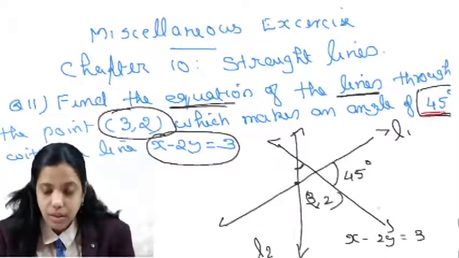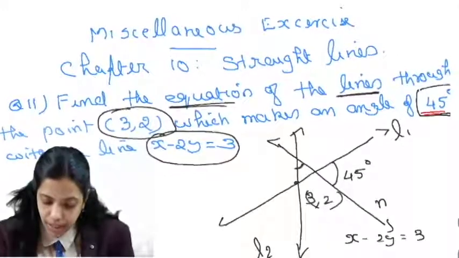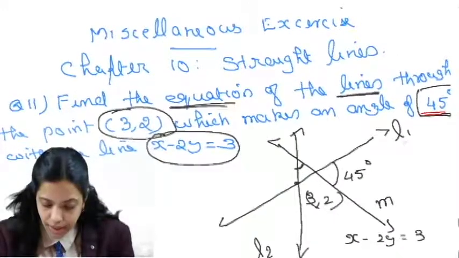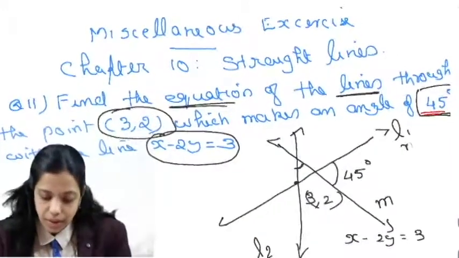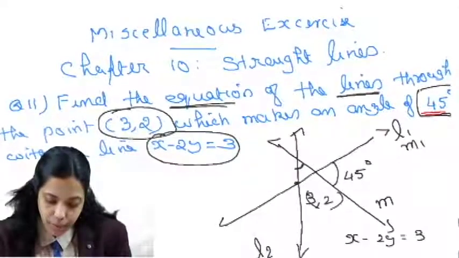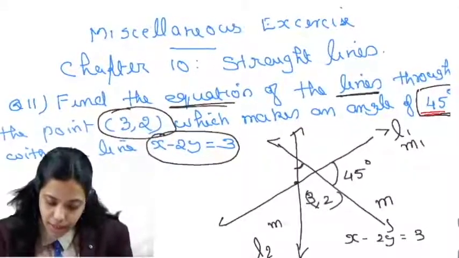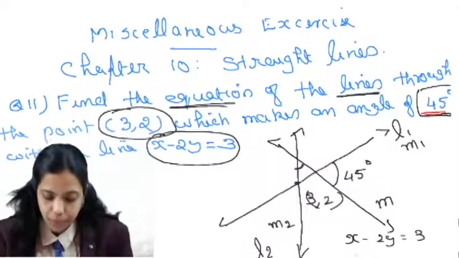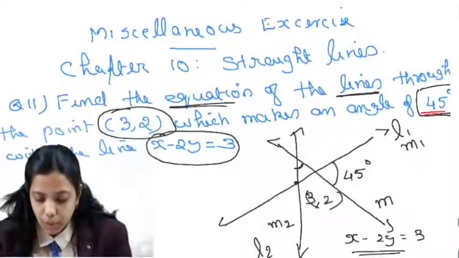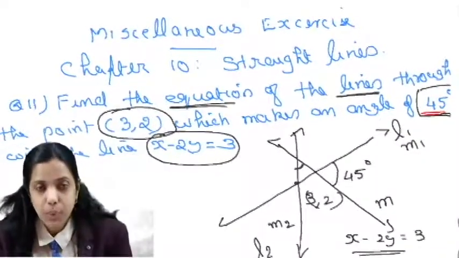Let us denote the slope of the given line x minus 2y equal to 3 as m, the slope of the first line L1 as m1, and that of the line L2 as m2. How to find the slope of the line x minus 2y equal to 3?